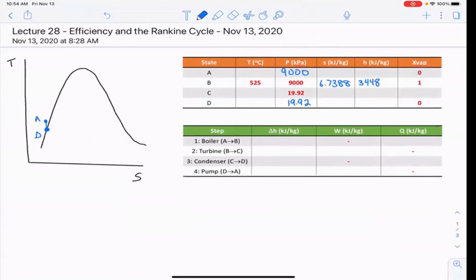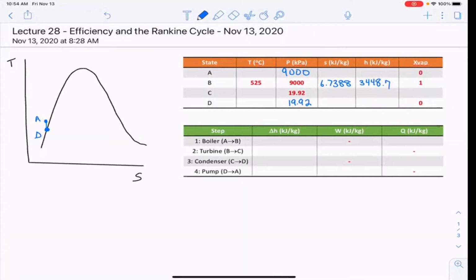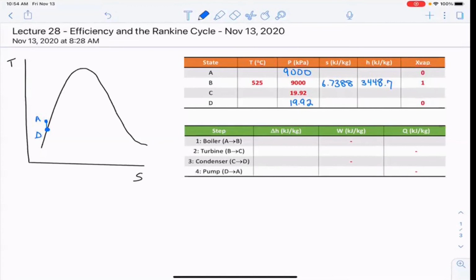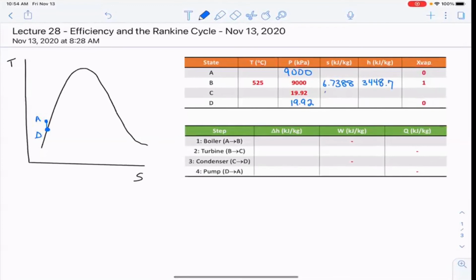So it was 3,448.7 kilojoules per kilogram from the steam tables. And so now we know that the entropy in state C has to be this exact same value, right?